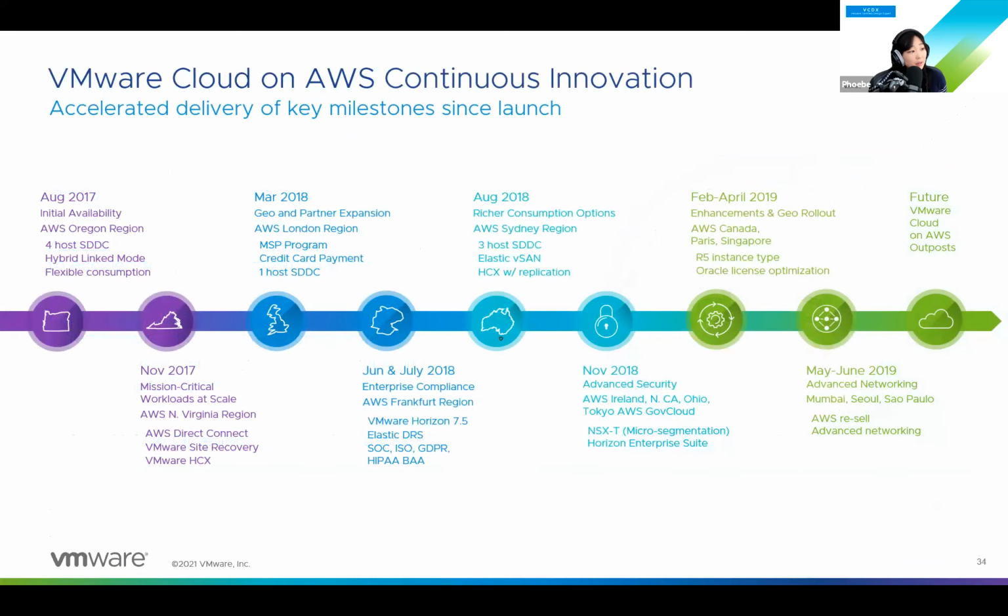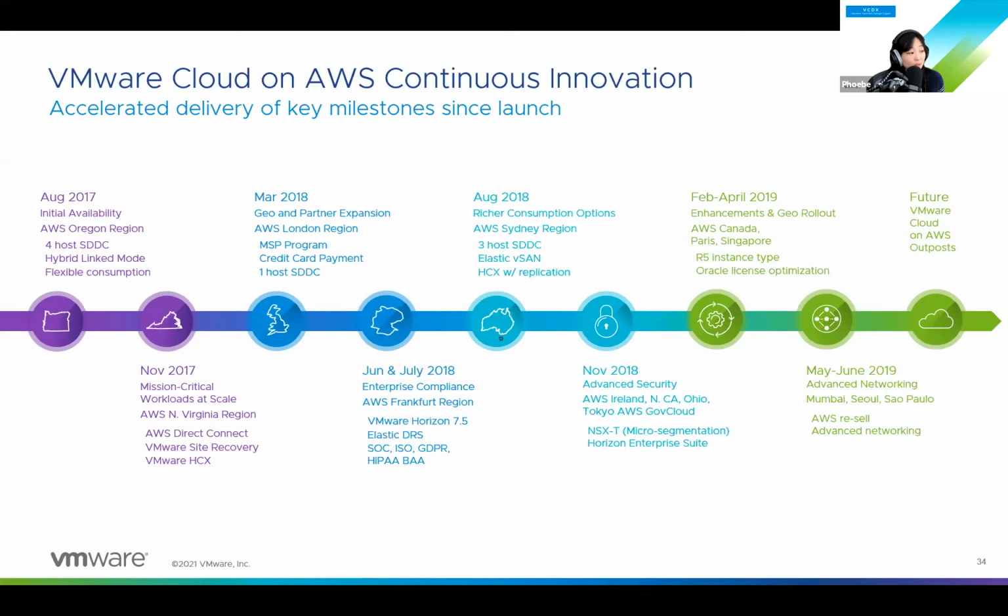So a little bit about some of the key milestones, I guess, since launching VMware Cloud on AWS. VMware Cloud on AWS was first launched back in August 2017. And that was kind of the first real hybrid cloud offering that VMware started with. And then we're obviously expanding and adding different locations, right?